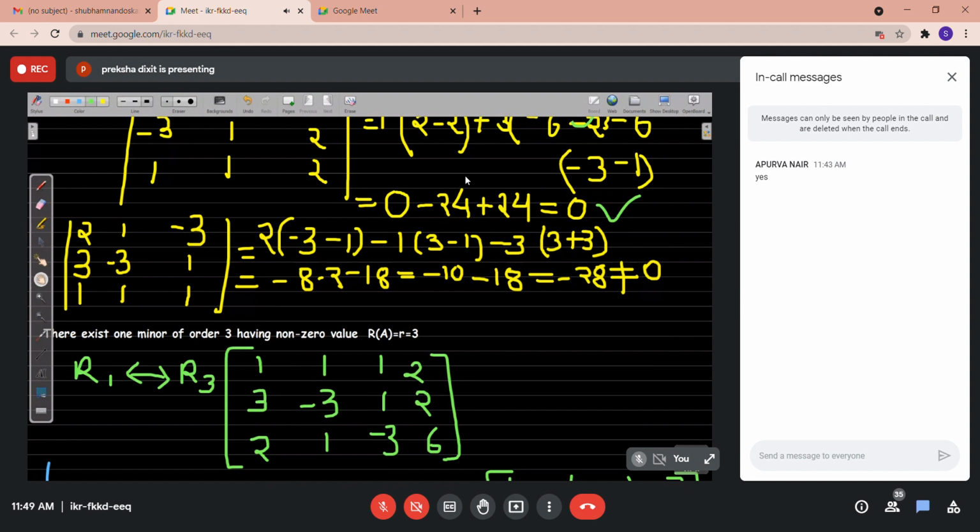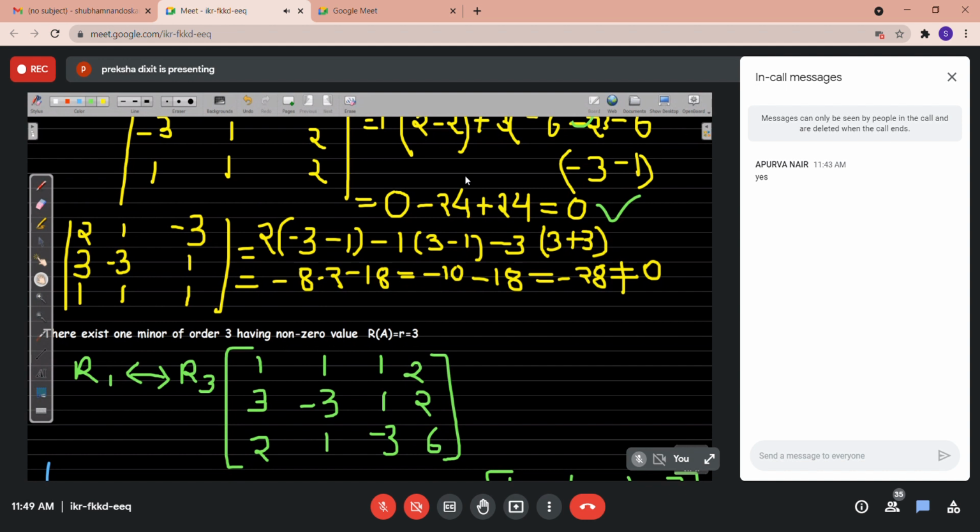If its rank is 3, how is its echelon form going to look like? First 3 rows and first 3 columns are going to be an identity matrix and the rest of the elements are going to be 0. A few minutes back I have demonstrated it. Okay, so in that way only we have to reduce the given 3 cross 4 matrix into its echelon form.